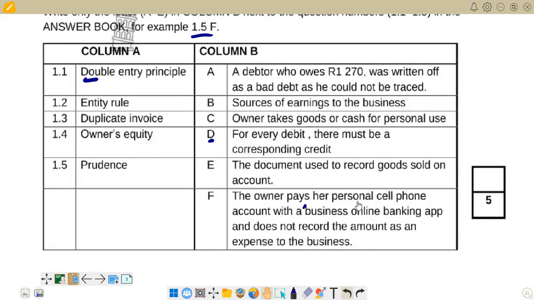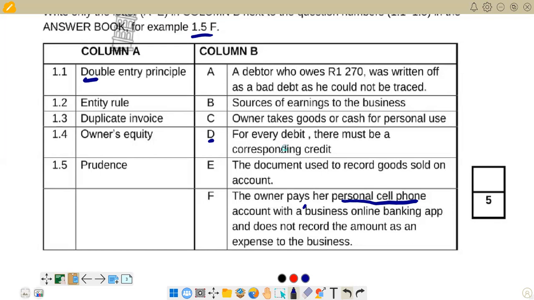Yes, this is for personal use. These are private expenses of the owner, and they should not be recorded as part of the business expenses because they are drawings. Whenever we see the owner taking the resources of the business and using them for private use, we regard them as drawings.